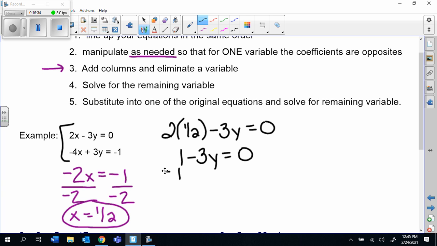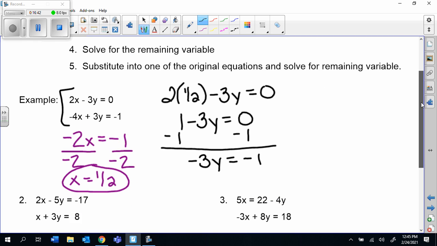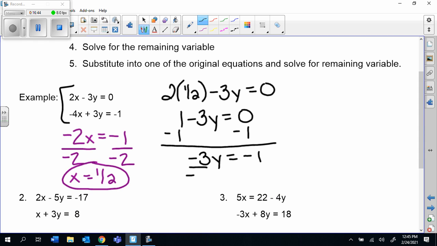Take the 1 away, take the 1 away. Divide by -3, divide by -3, and y equals +1/3. And then you know that we're going to write our answer as an ordered pair.